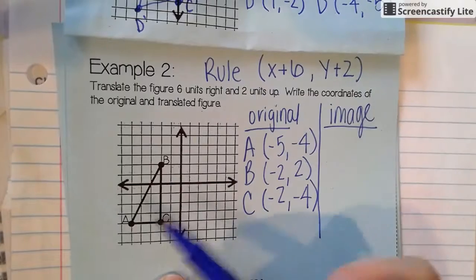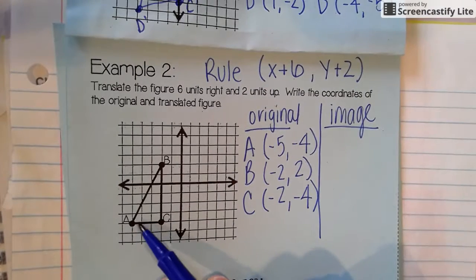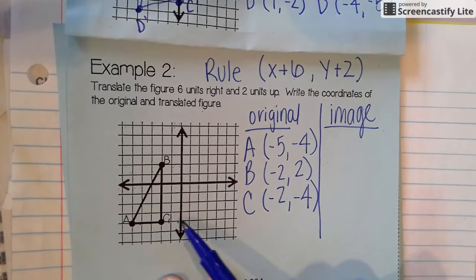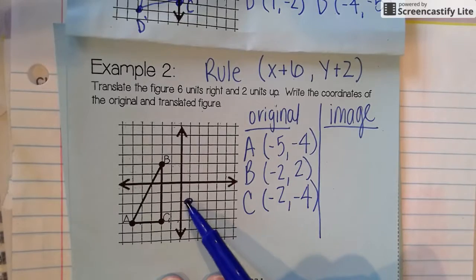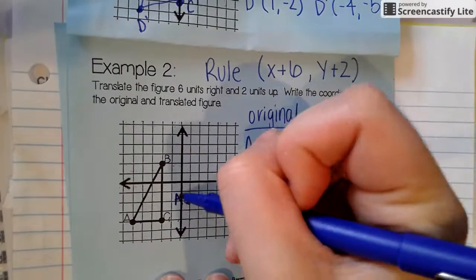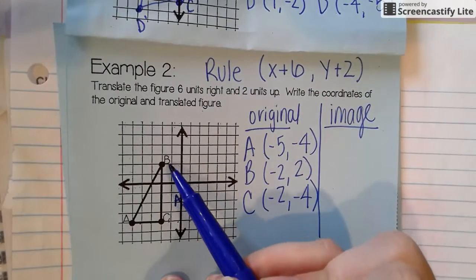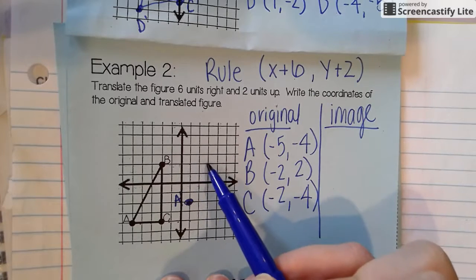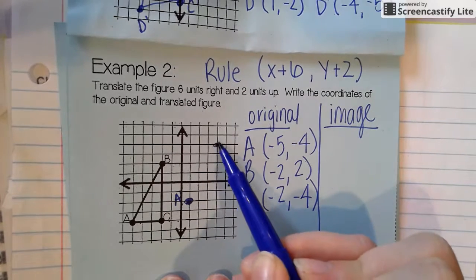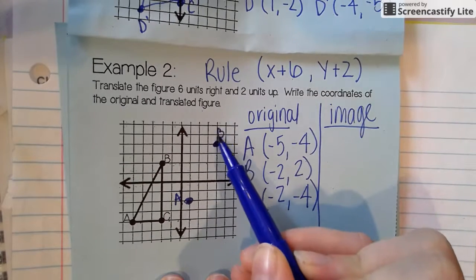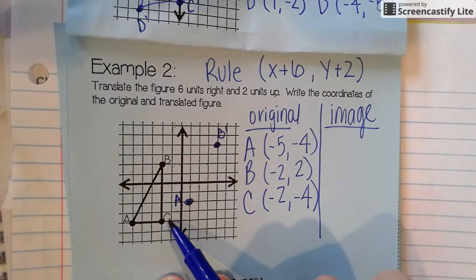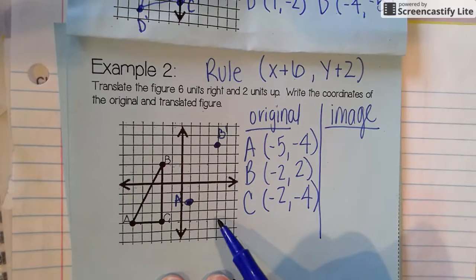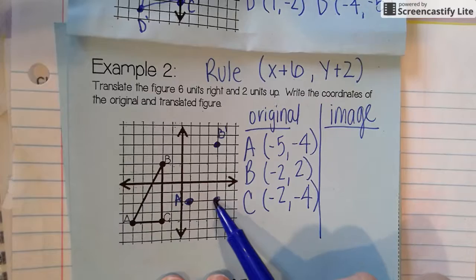So my image, I'm going to go 6 to the right and 2 up. And I'm going to label it A prime. I'm going to do the same for B and C, 6 to the right and 2 up.